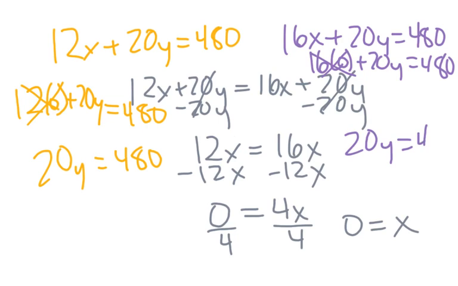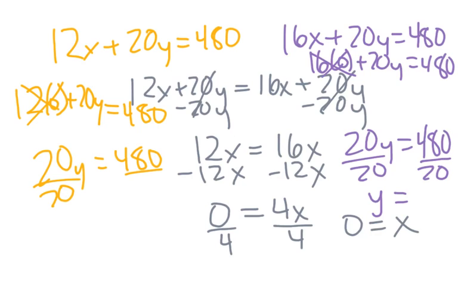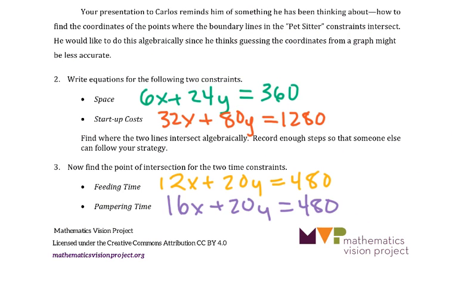Right? Because 16 and 12 times 0 are both 0. So 480 divided by 20 on both sides, we notice that what is y going to equal? 24. So what does that tell us? That tells us where it intersects. The point where it intersects is the y-intercept, 0, 24.